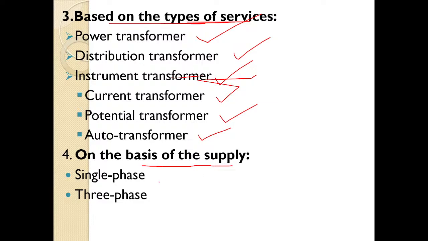Based on the supply that is given, it can be a single phase transformer or three phase transformer. Today what I'm about to discuss, and have already started discussing, is a single phase transformer.